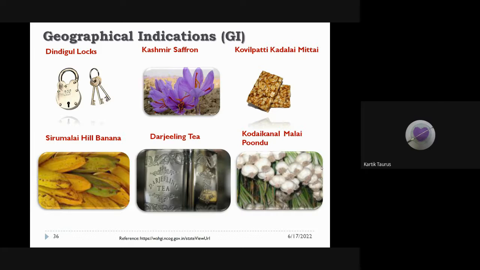Only those who are registered in the Darjeeling Tea Manufacturers Association can use the name Darjeeling tea in their products. This helps in building consumer confidence. If I see a product by the name of Darjeeling tea, I will know for sure that it comes from Darjeeling and not from anywhere else, because it is protected as a geographical indication.